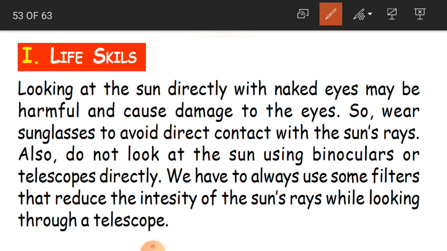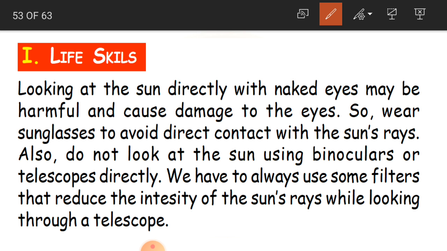And another thing is, somebody may use binoculars or telescopes to see the sun. Even in that case, we should not use binoculars or telescopes directly. Directly, in the sense that you cannot fix the instrument in front of your eye and just see the sun.